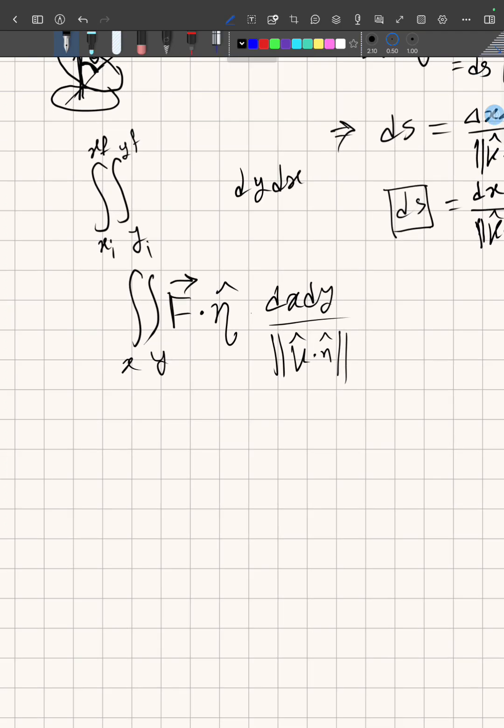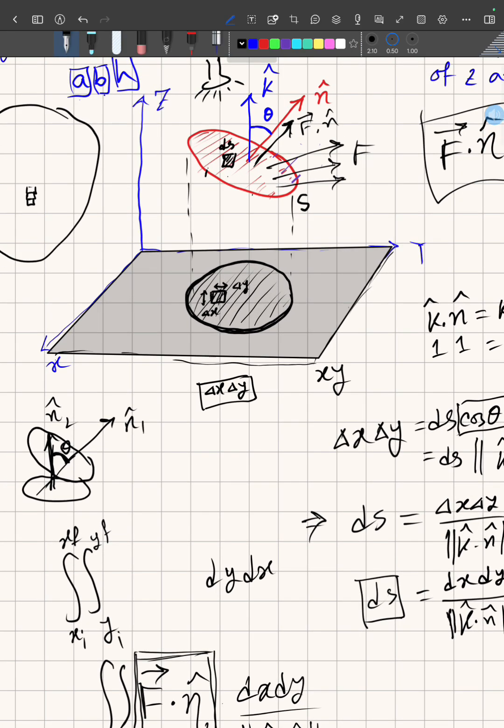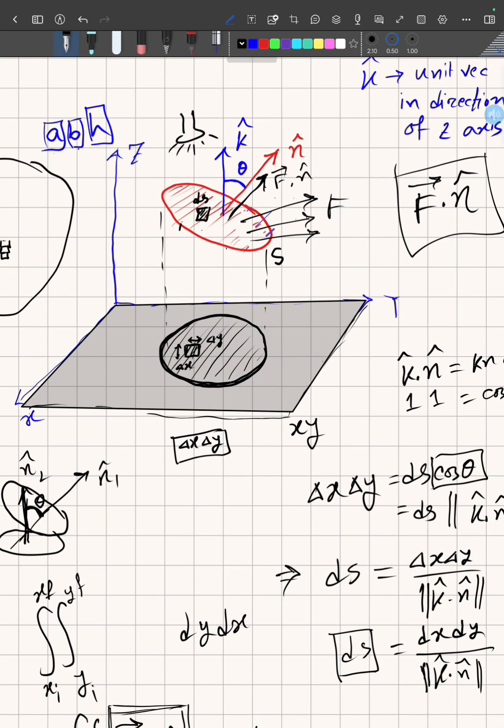So we just need to get the amount of F passing through that ds, because the amount of F that passes through a ds will eventually pass through this portion dx dy, because this dx dy portion is actually the projection of ds, just at another orientation. We are shifting the orientation for better calculations and taking the limits to integrate the surface.